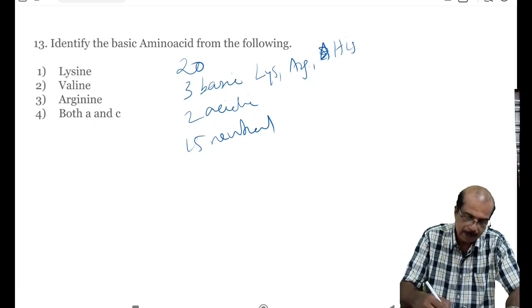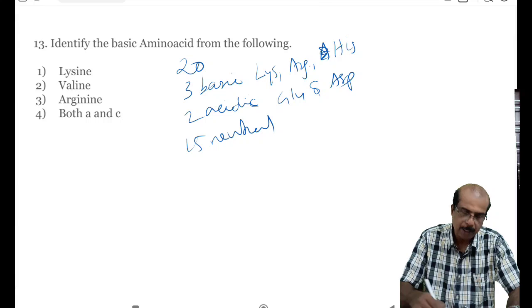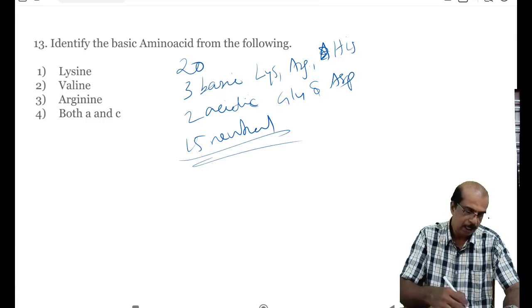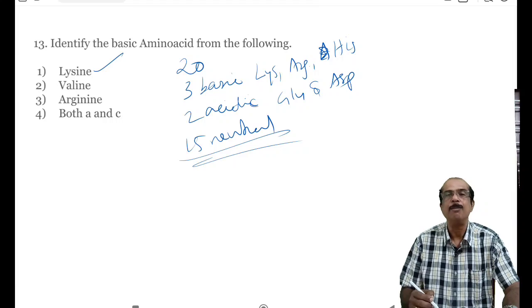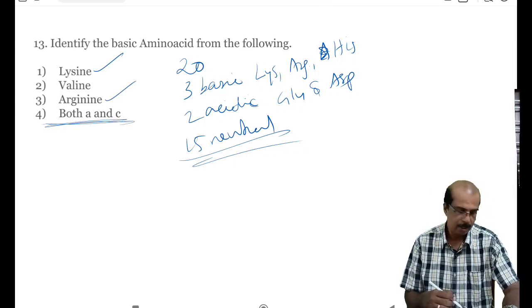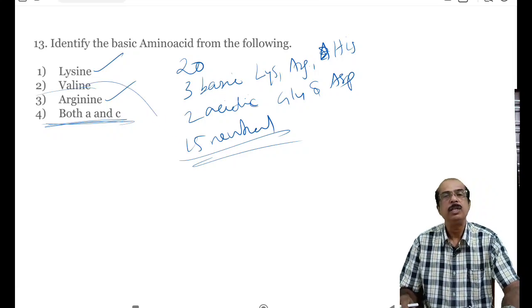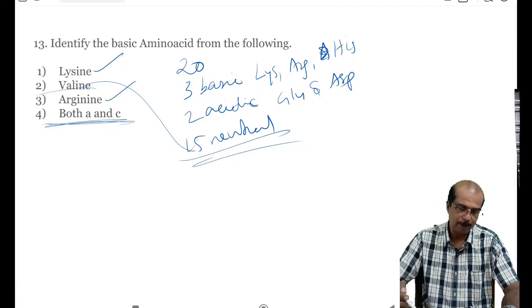The 2 acidic amino acids are glutamic acid and aspartic acid. Remaining are neutral amino acids. From this option, you can choose lysine and arginine as basic amino acids. So our answer to this question will be both A and C. What about valine? Valine comes in the 15 group. Valine is a neutral amino acid.